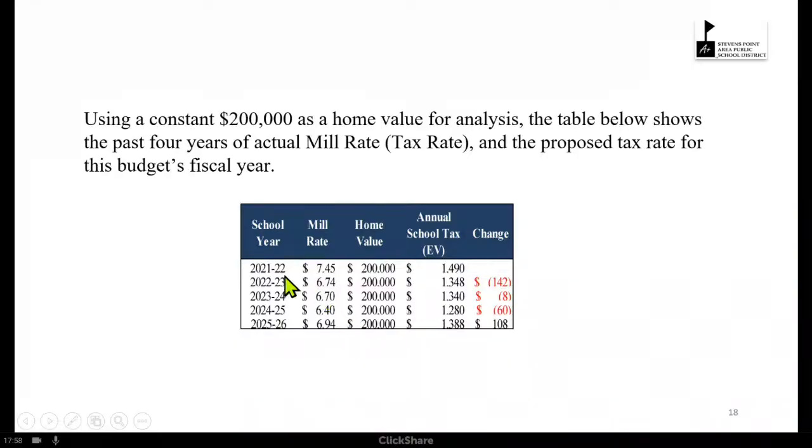One of the other things I wanted to show you on this slide is that from 22-23 on, we've had a levy rate less than $7. Prior to that year, we've been over $7. We've even been in the $8 range. So we managed to keep the levy rate below $7, and it's going to stay below again this year.